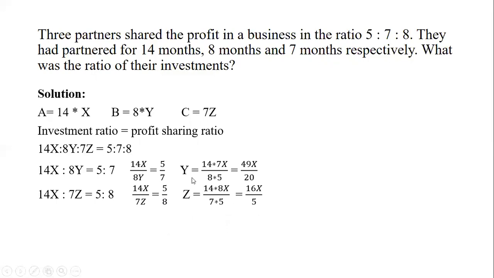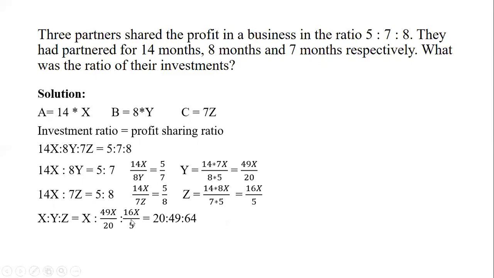So now we know y is equal to 49x by 20, z is equal to 16x by 5, x is equal to x. So now we want x is to y is to z. So x is to 49x by 20 is to 16x by 5. So now we have here denominator 1, here denominator 20, denominator 5.